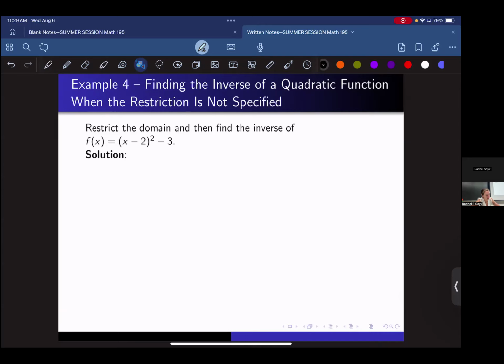If you wanted to sketch it out very briefly, practicing your knowledge of transformations, this is in our standard form, aka our vertex form, which tells us that our vertex here is 2, -3.